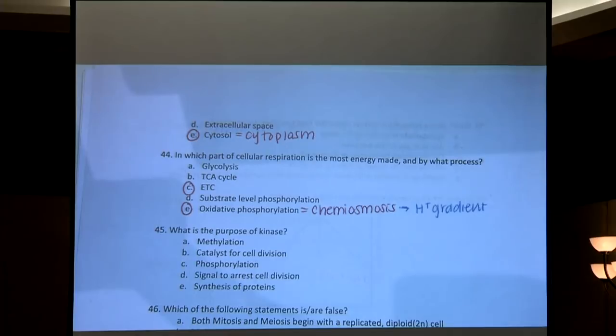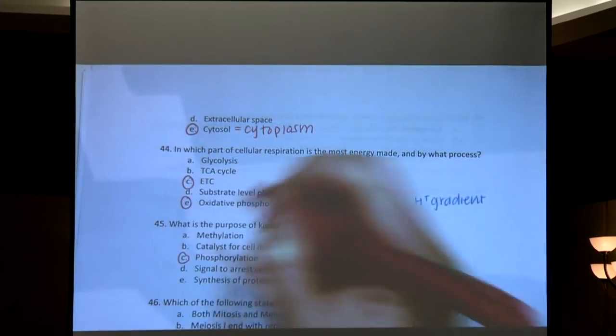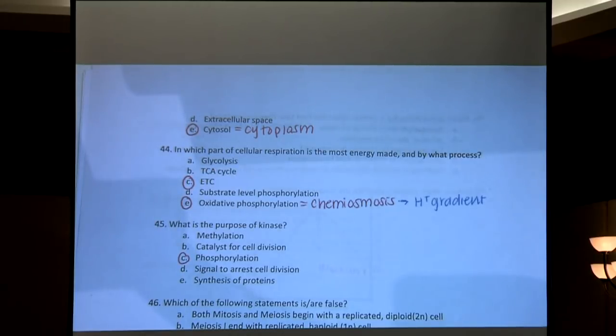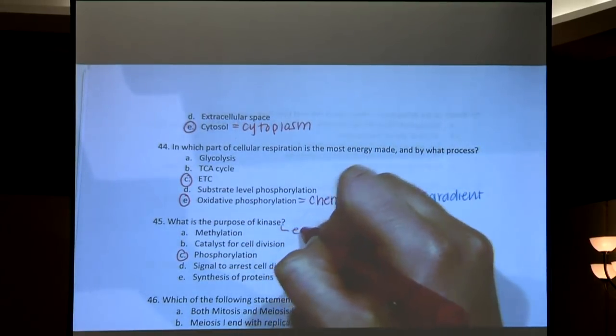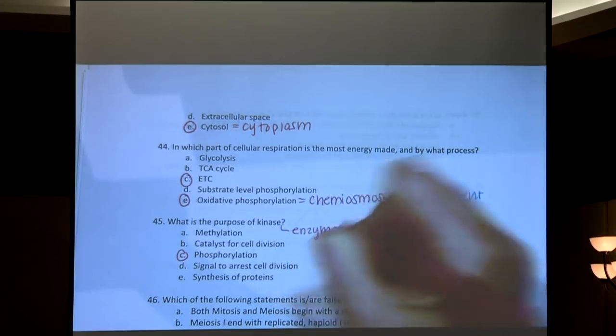All right. So 45, what is the purpose of kinase? So we have methylation, catalyst for cell division, phosphorylation, signal to arrest cell division, or synthesis of proteins. Good, so it'll be our phosphorylation. What is kinase? Good, so kinase is an enzyme, all right?